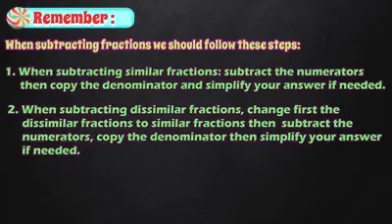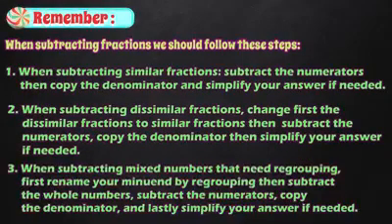Then, subtract the numerators, copy the denominator, then simplify your answer if needed. Number 3, when subtracting mixed numbers that need regrouping, first, rename your minuend by regrouping. Then, subtract the whole numbers, subtract the numerators, copy the denominator, and lastly, simplify your answer if needed.